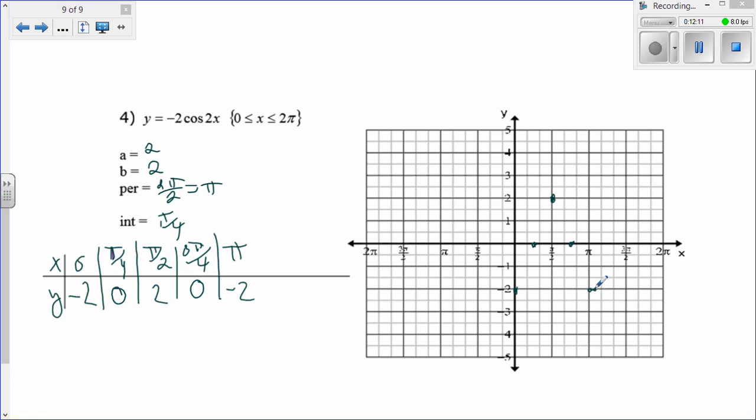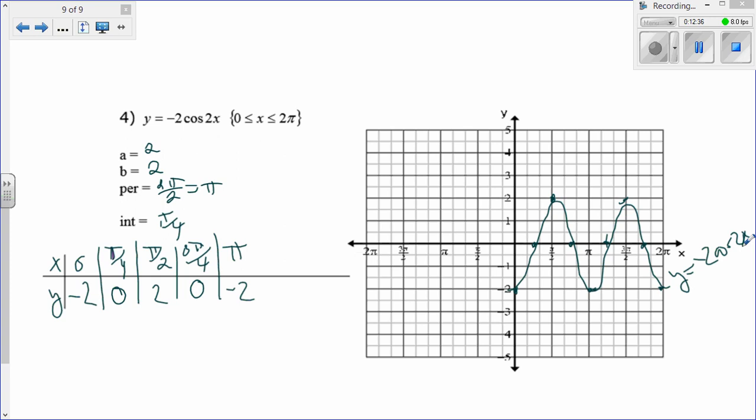And I just repeat the pattern. So halfway between, I'm at 0. Then I'm up. Halfway in between, I'm at 0. And then I'm down. So the cosine curve, hopefully yours look prettier than mine do, is y equals negative 2 cosine 2x.